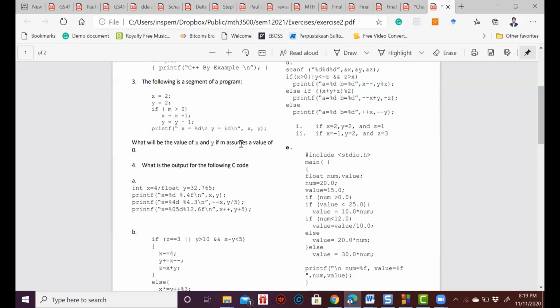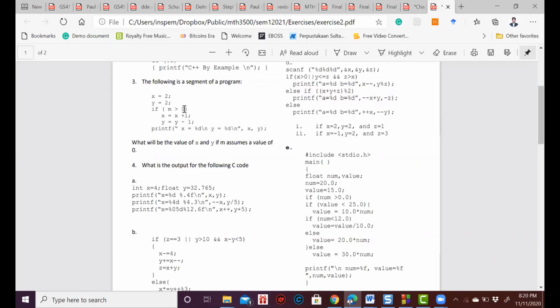Yes, M equal to 0. So we skip this one. We do not execute this one because M is not greater than 0, so it is false. Okay, so this one may be misleading, you put 0, and 0 greater than 0 confuses you. What I understand the question to be is: what is the value of X and Y if M assumes a value of 0?